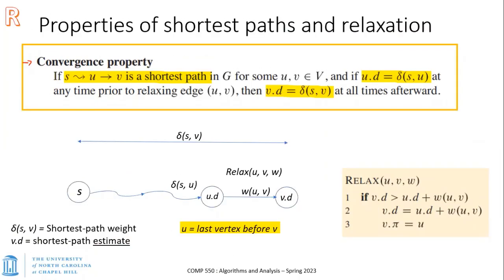In the convergence property, we went through this quite extensively in, I believe, the previous lectures. We said, let's assume that you have S to U, S going all the way to U to V. This is a shortest path. And U happens to be the last vertex before V on that shortest path.